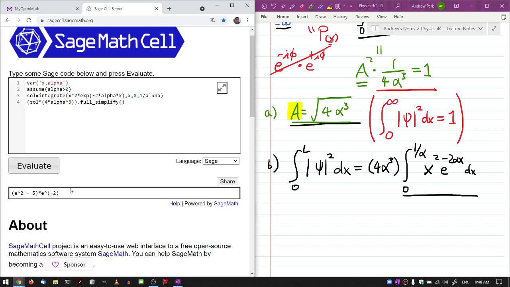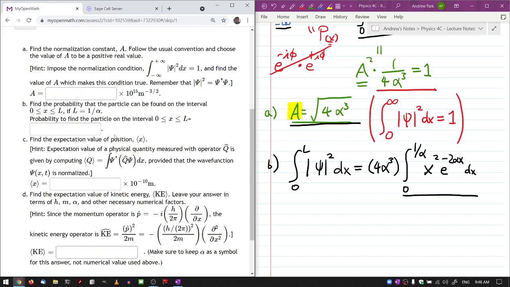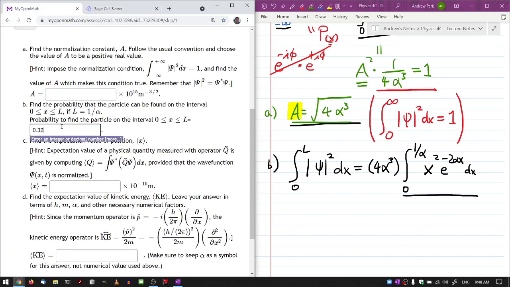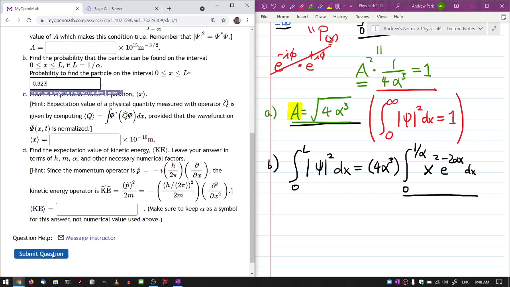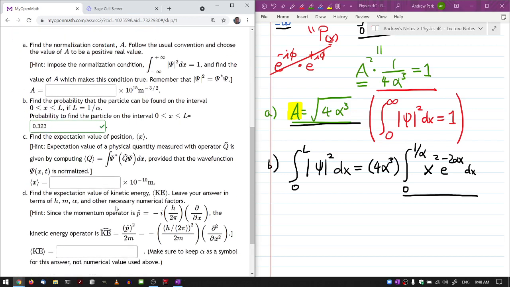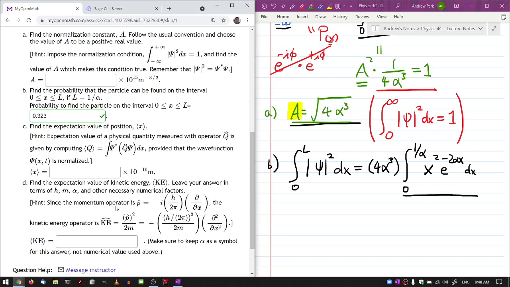Yeah, that's totally numerical. So let me just put this through n. I think n is the function that gives me the numerical approximation of the result. So yeah, 0.323. That's the numerical answer. Let me submit it and make sure I'm on the right track. Yeah, and that's it. So as I was saying at the beginning, these questions are rather simple.